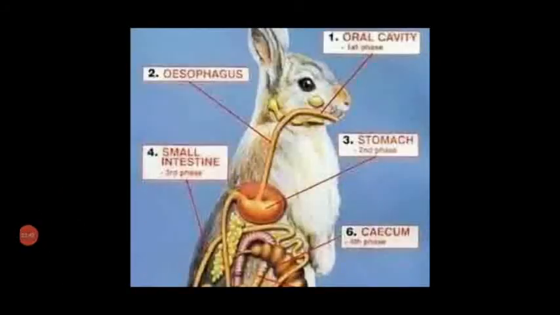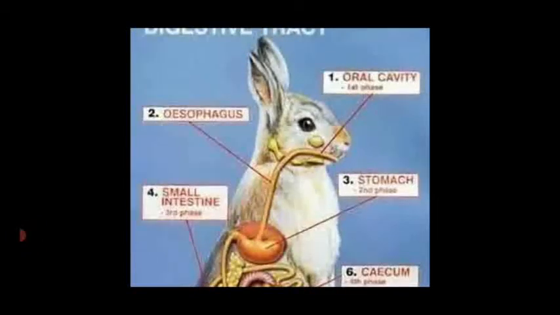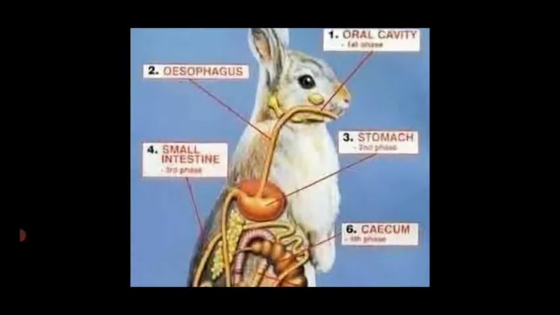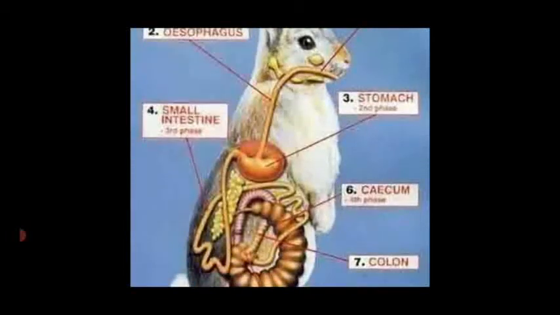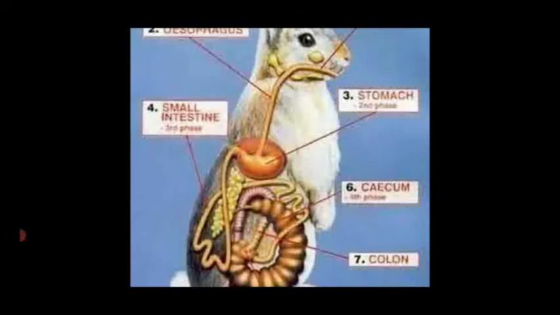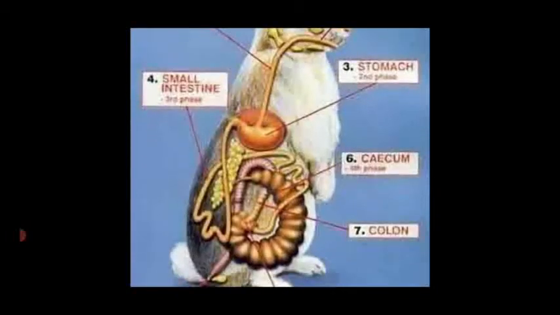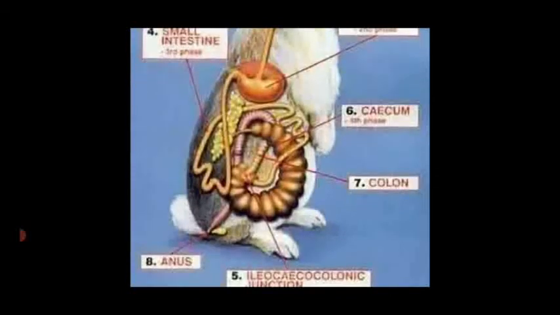Dear students, see another diagram, the digestive system of rabbit. It starts from the mouth, followed by the oral cavity, called the buccal cavity, which leads to the esophagus via the pharynx. The esophagus ends with a small bag-like structure called the stomach. From the stomach, the small intestine follows. Then from the small intestine, the large intestine is formed.